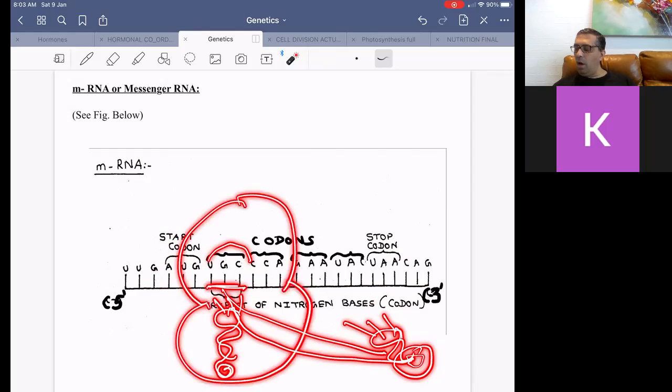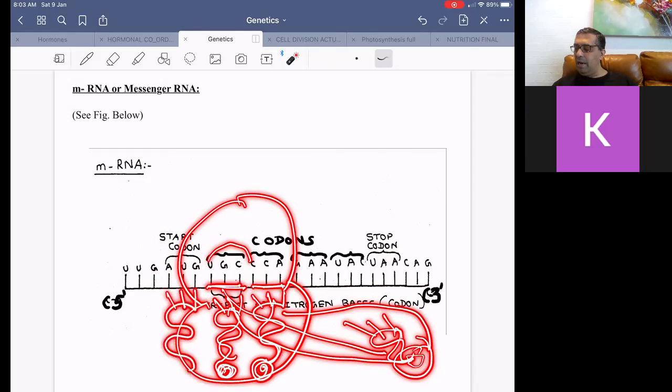Then the third codon is read. It will attract tRNA with another amino acid. So the start codon delivered an amino acid, the second codon delivered an amino acid, the third codon delivered an amino acid.